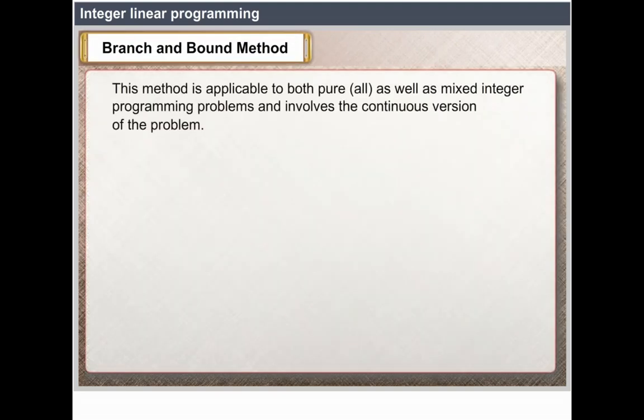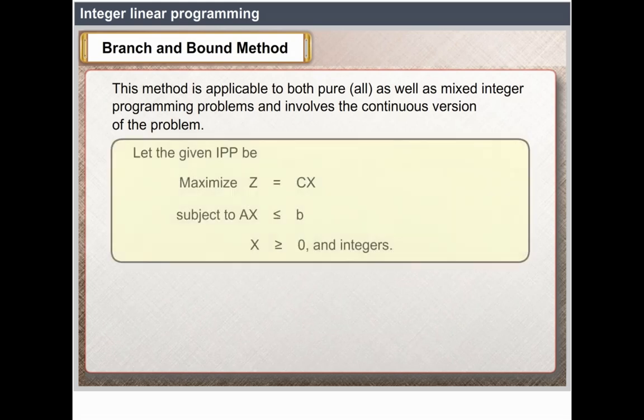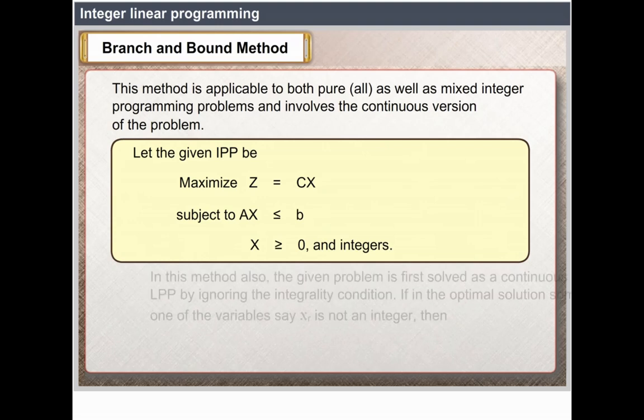Branch and bound method. This method is applicable to both pure all, as well as mixed integer programming problems and involves the continuous version of the problem. Let the given IPP be maximize z equal to Cx subject to Ax less than or equal to b, x greater than or equal to 0 and integers.